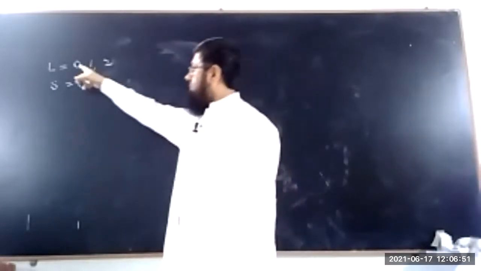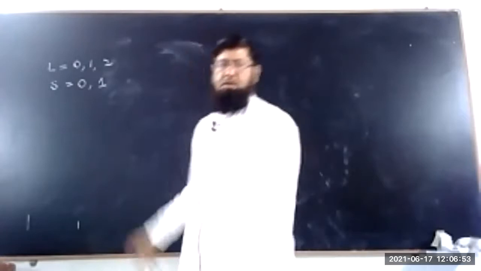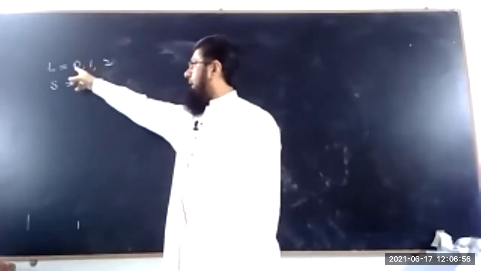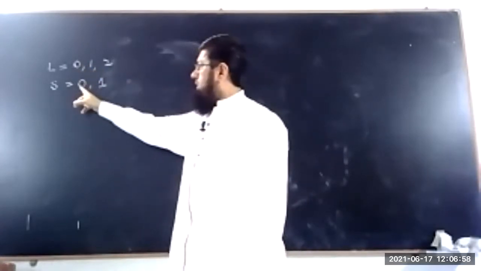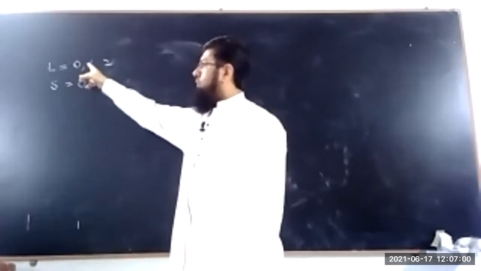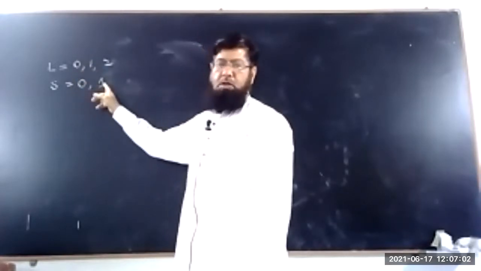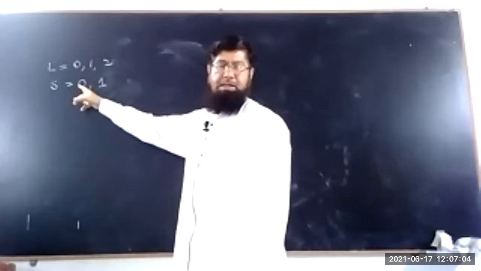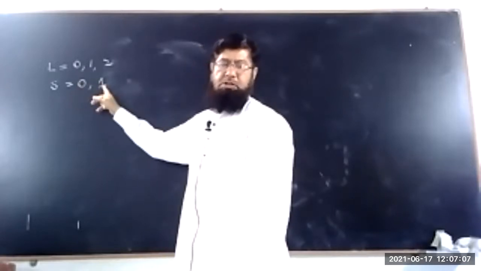So here we have different combinations. L is equal to 0, spin is 0 or 1. L is equal to 1, spin is 0 or 1. So spin 0 gives you the singlet, spin 1 gives you the triplet.